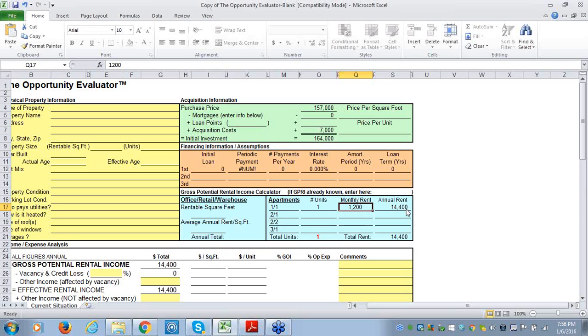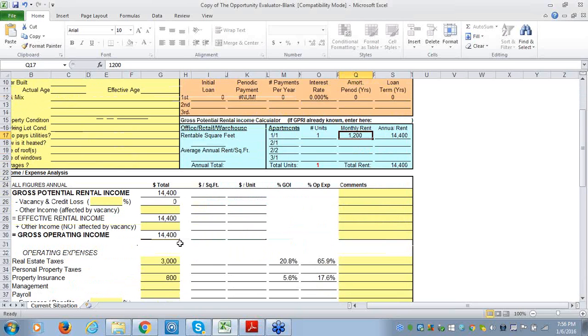Okay, and let's see your rents. Let me go back to your other expenses here. Hang on one second. Okay, property taxes, $1,500. Insurance is $900.